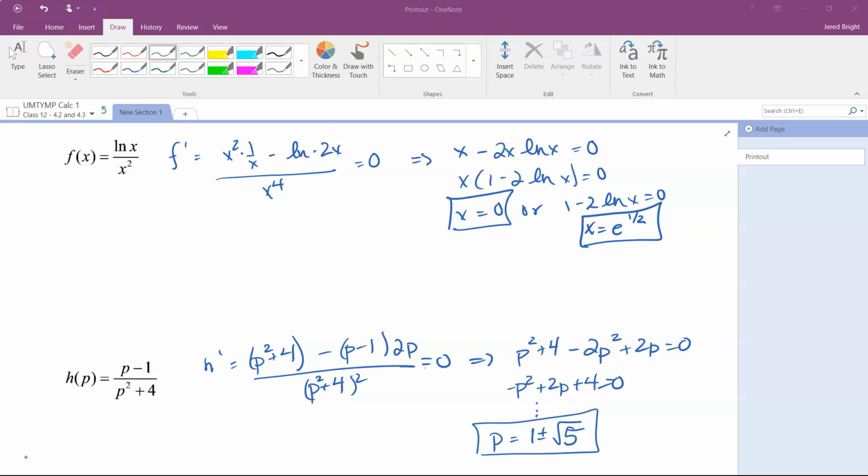Okay, so we're going to use this as a stepping stone, as one tool in the next method we'll see on how to find all the extreme values.